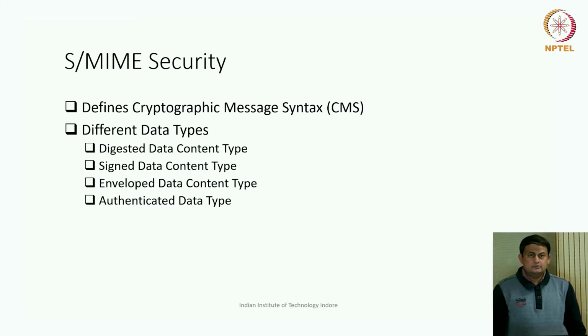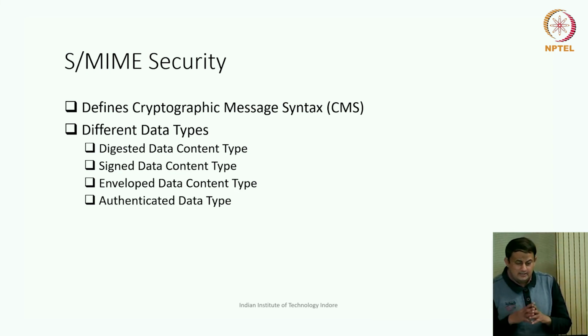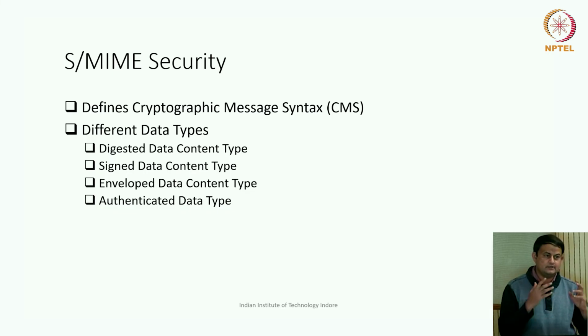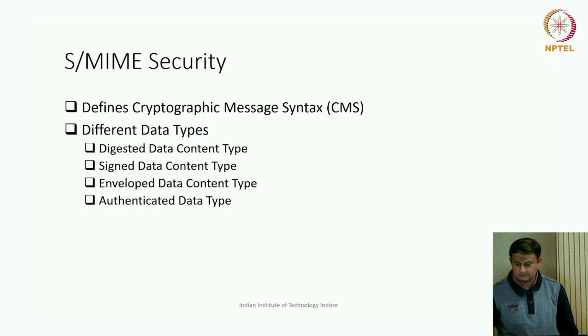In order to achieve this, S/MIME defines something called the Cryptographic Message Syntax. I want to ensure the confidentiality or the integrity of the message, or I want to identify or authenticate the sender who is actually sending that message. To do that, it defined this syntax with four different data types.